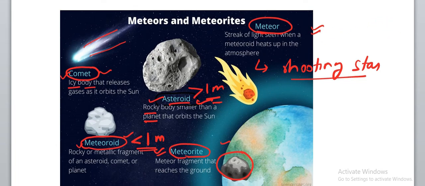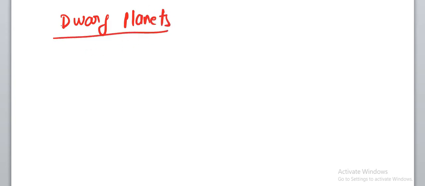Next we will discuss about dwarf stars. Sorry, not dwarf star, but dwarf planets, right? So there are certain planets which are called as dwarf planets. Earlier we had three main examples: Pluto, Ceres, and Eris.